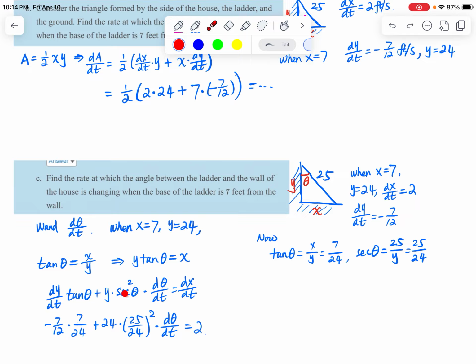So I plug in 25 over 24 squared for secant squared θ, and dθ/dt is what we are trying to find. dx/dt is 2. Now you get an equation, and you can solve it for dθ/dt. So that's the hint for number 21.